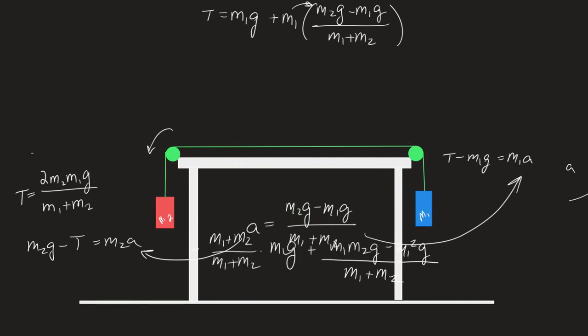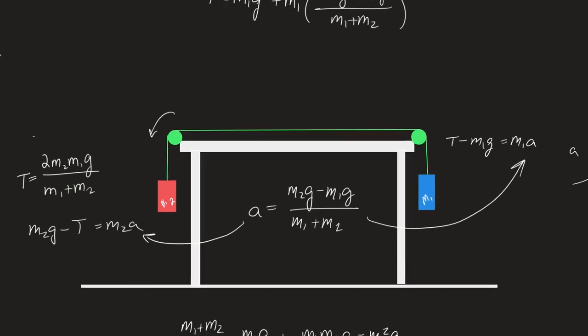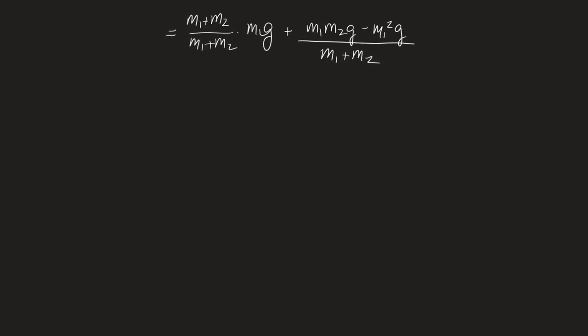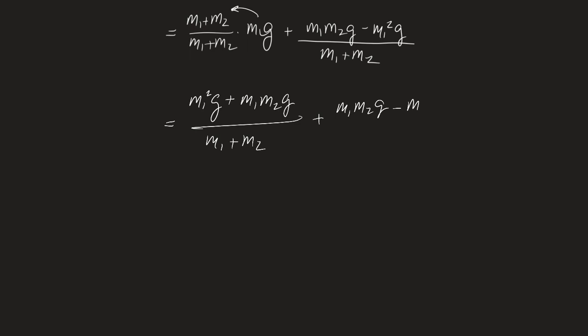So let's handle the common denominator portion. I'm going to drag this someplace where we can see it. I'm going to distribute here m1 squared g plus m1 m2g, all divided by m1 plus m2, plus m1 m2g minus m1 squared g, all divided by m1 plus m2.